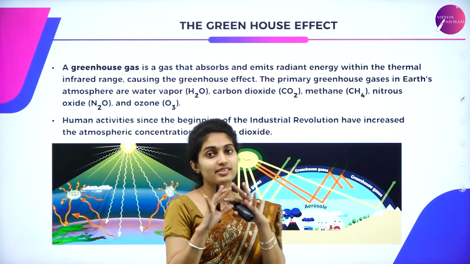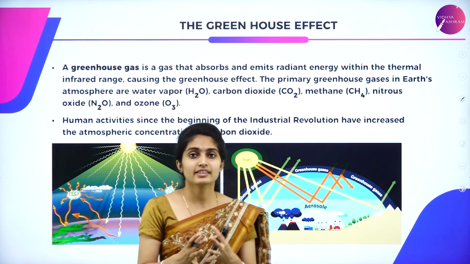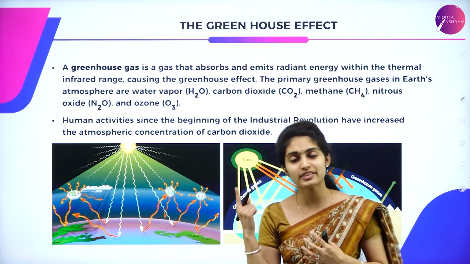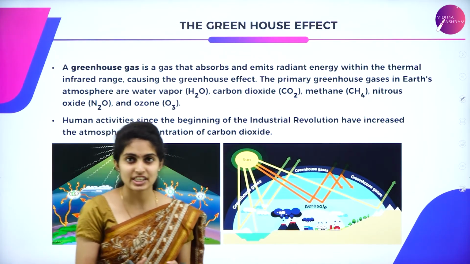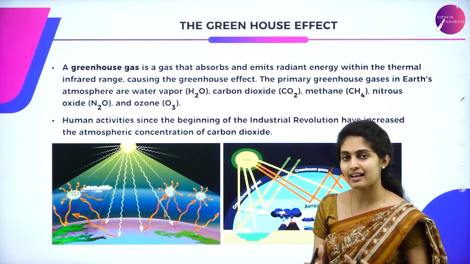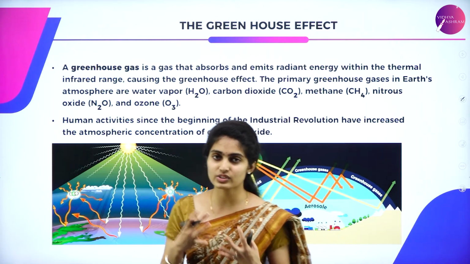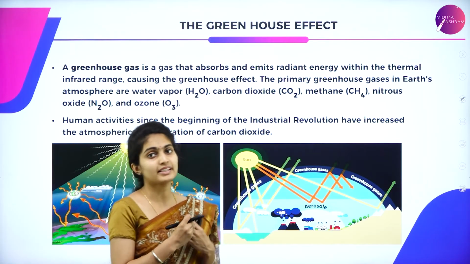Consider Earth as a greenhouse here, and the plants are we, the living beings and living things present over here. So which is the thermal radiation? It is the solar radiation, which emits certain radiations to the Earth's atmosphere. So Earth's atmosphere acts as a greenhouse. When the Earth acts as a greenhouse, the incident radiations on the atmosphere are absorbed by the Earth.